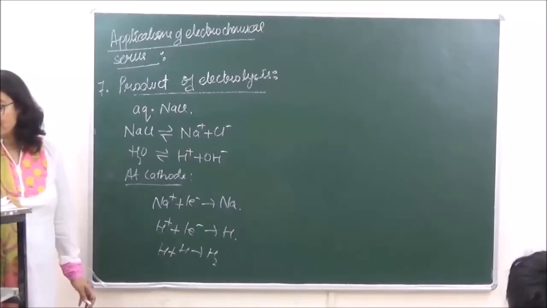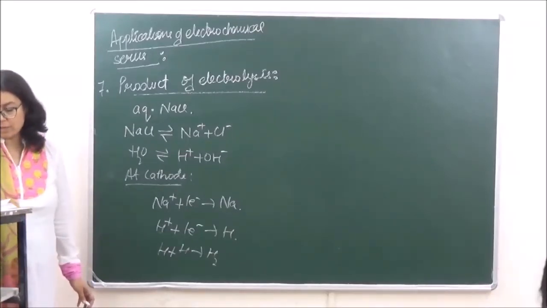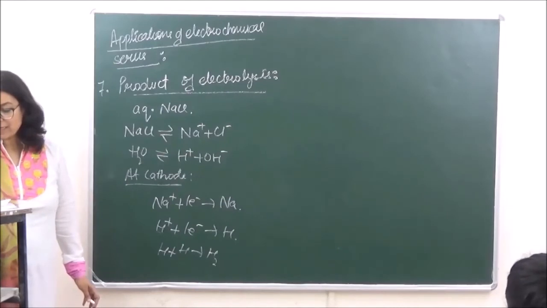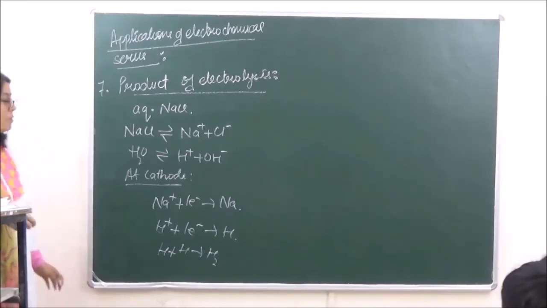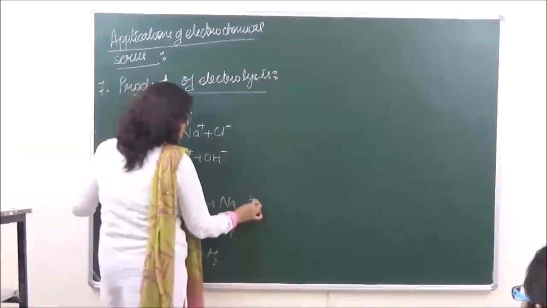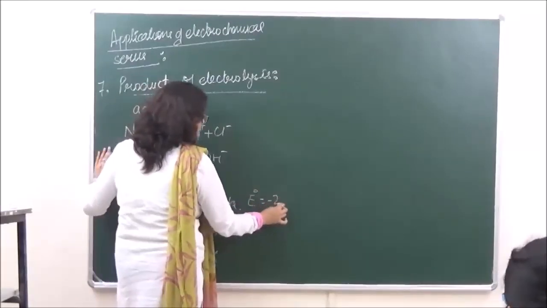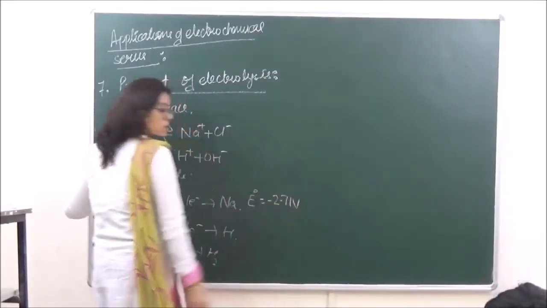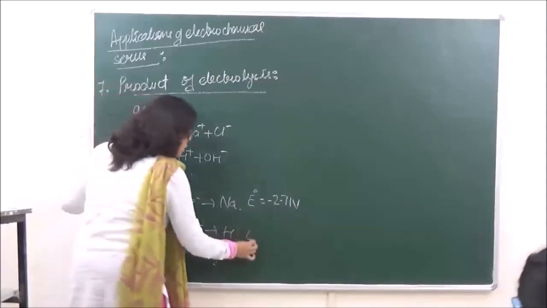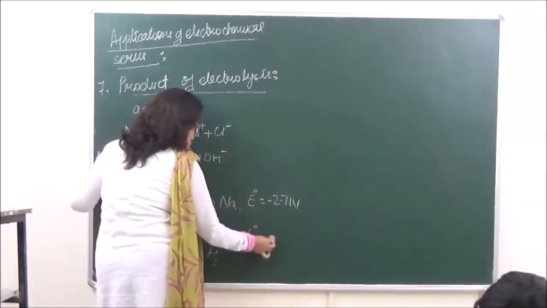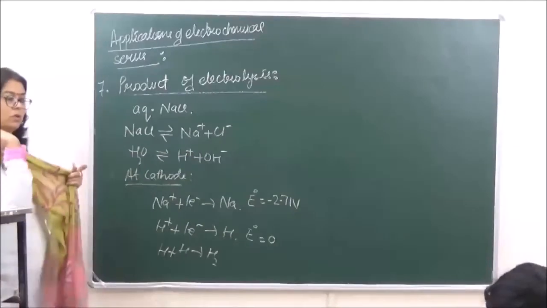The E naught value for the sodium reaction is minus 2.71 volts, whereas the E naught value for the hydrogen reaction is 0.